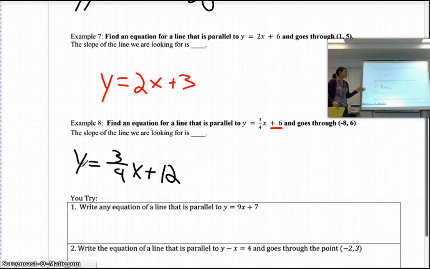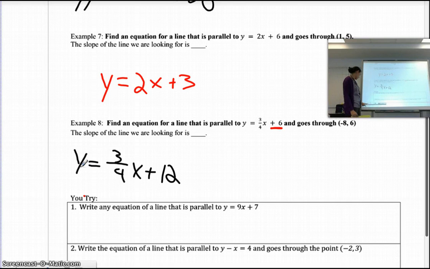Actually, that 6 really is kind of irrelevant information. But it needs to be an equation of a line, so I do need the b. So that's why we write it like this. This is the equation of a line. Well, this is a completely new line. So that's why we don't involve the 6 anymore. The 6 is not involved here. All right, you can do 1 and 2 on your own.